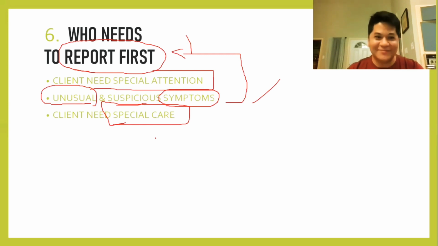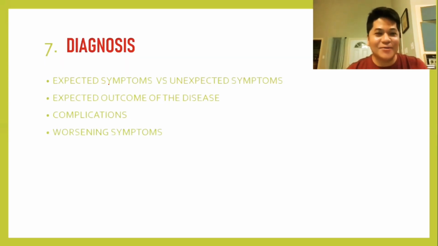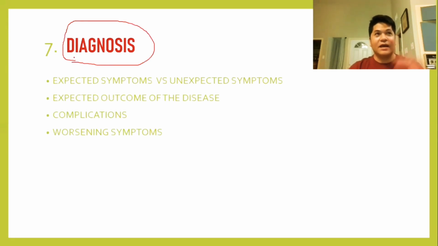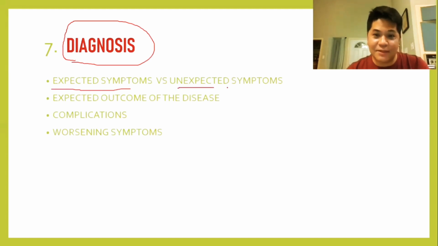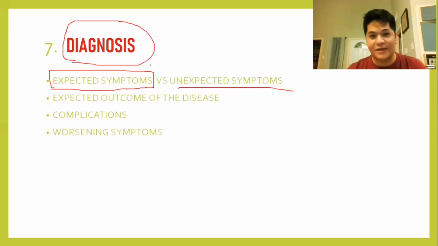Next, diagnosis. If the scenario has a diagnosis, for instance, the client has asthma, Parkinson's disease, or a stroke, that's a diagnosis. Expected symptoms versus unexpected symptoms. Now, if the scenario says the symptoms are expected of the disease itself, then that's not your priority. Remember.